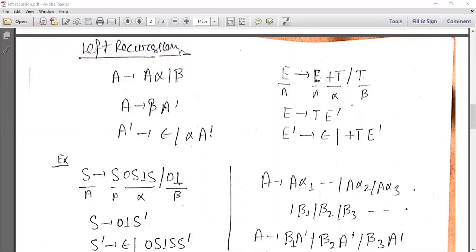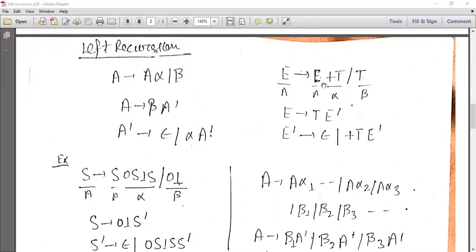Now again, E tends to E plus T, slash T. This is a left recursive grammar. The compiler doesn't deal with a left recursive grammar, so first we remove the left recursion of this grammar. First we check the ambiguity of the grammar. If the grammar is ambiguous, we convert it into an unambiguous grammar. Then if the grammar is left recursive, we remove the left recursion of that particular grammar.